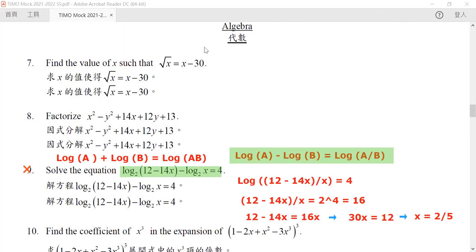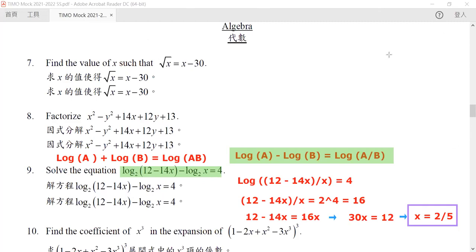It's because a logarithm function requires that both of these are... actually, it is okay for this one. I just retract my wording. Okay, so our x is equal to 2 over 5.